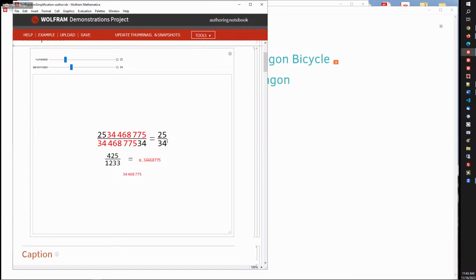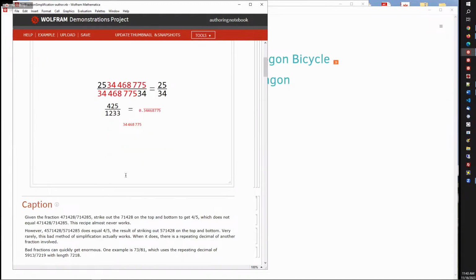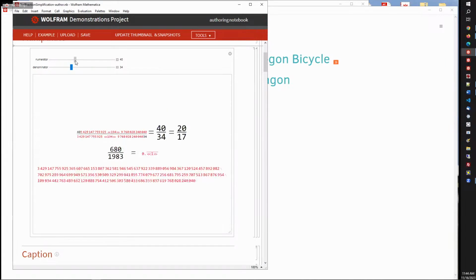Well, it happens that if this is possible, then the value here is a repeating decimal for a related fraction, and for any value, you can come up with a paired fraction whose repeating decimal will allow you to create a bad fraction simplification. Not all values, but most values.